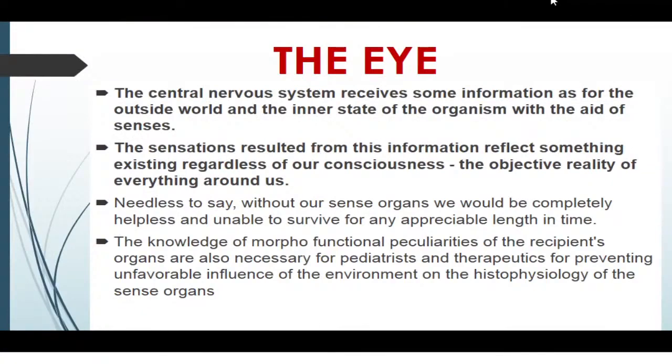One of the main sensory organs in the human body is the eye. The central nervous system receives information about the outside world and the inner state of the organism with the aid of senses. The sensation resulting from this information reflects the objective reality around us, regardless of our consciousness.